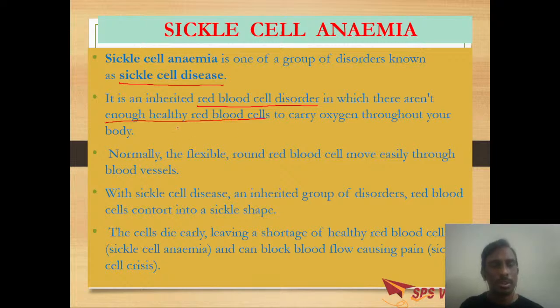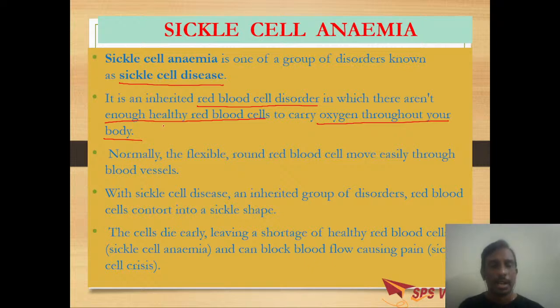When there is no sufficient quantity of red blood cells, it affects oxygen carrying throughout the body. If oxygen is not properly carried, it will affect the metabolism of the body.